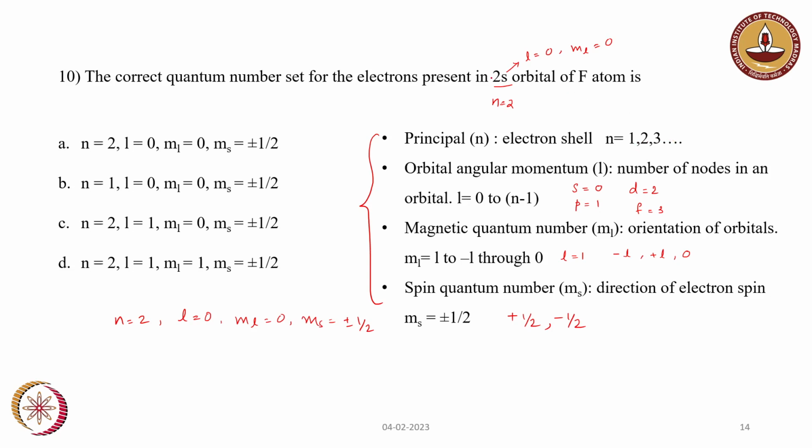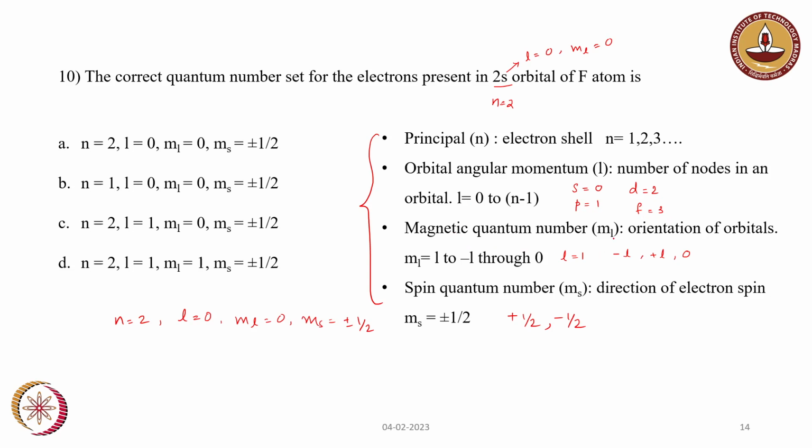Since we are given 2s, n will be 2. Then the orbital angular momentum quantum number, represented as L, gives the number of nodes in an orbital, and it varies from 0 to n minus 1. For s orbital it's 0, for p orbital it's 1, for d orbital it's 2, for f orbital it's 3.